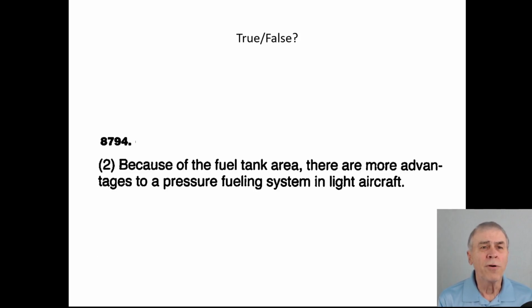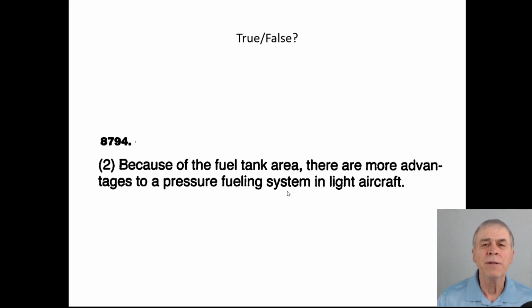The second part of the true or false: because of the fuel tank area, there are more advantages to pressure fueling in light aircraft. Well, they're trying to throw you off there a little bit. Because it's a larger fuel tank, it may or may not be in light aircraft. But the advantages go away if you only have one or two fuel tanks, and there actually are no more advantages to a pressure fueling system.